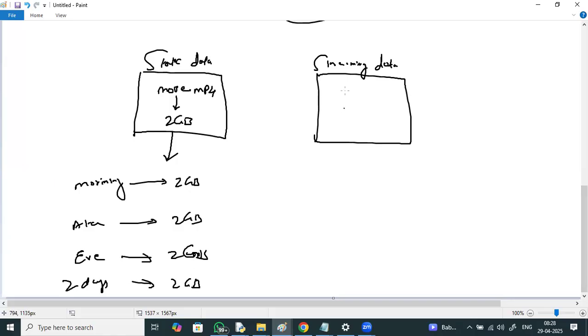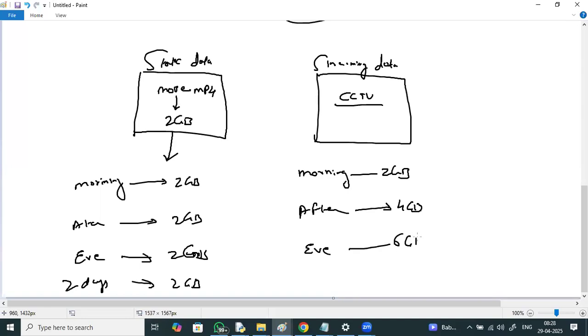But with streaming data, take the example of your webcam or CCTV. In the morning, you see 2 GB. In the afternoon, you won't see the same size; it goes to 4 GB. In the evening, you see 6 GB.